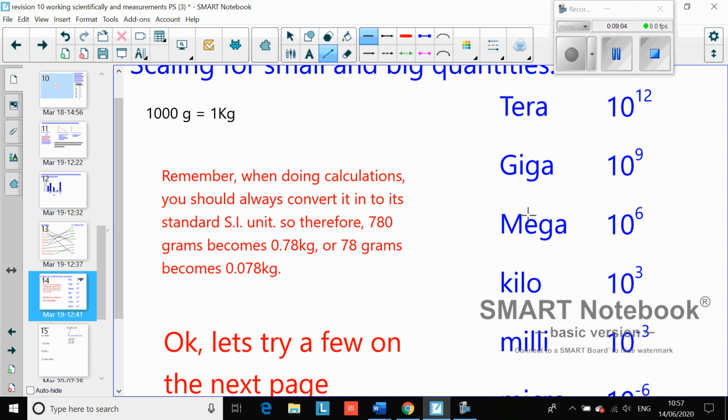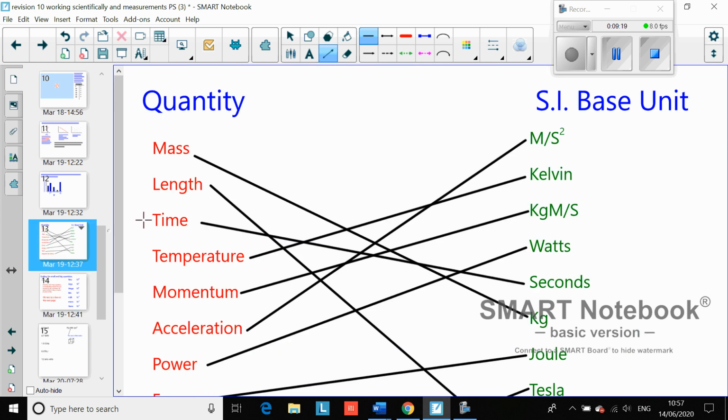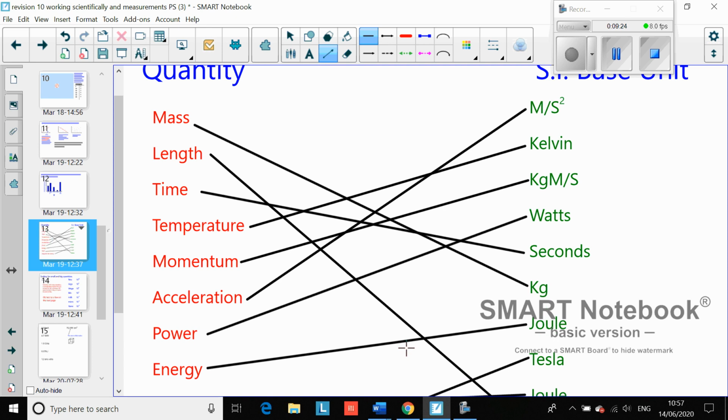Mega means million. All right. So what we can do is we can do these conversions. Now, really, you always need to make sure things are in their standard form. So what we had on the last page, if I'm talking about, say, a length, okay, so we know length is measured in meters.